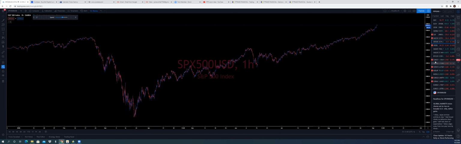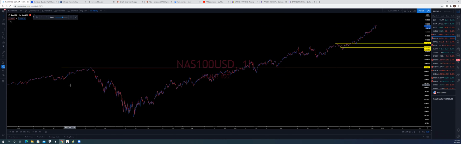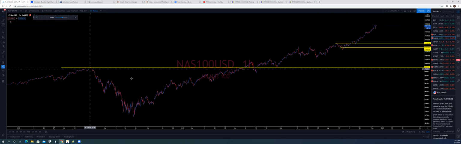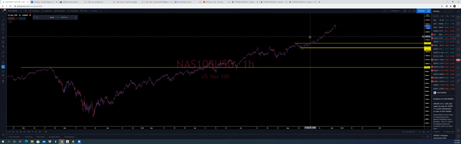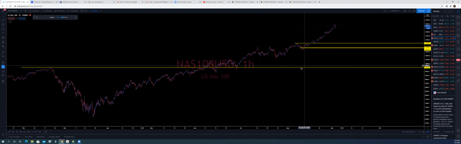It's already made new all-time highs. And if we look at NAS 100, we can see that this is pre-pandemic, and it's making new all-time highs. And I'm speechless. But it is what it is.